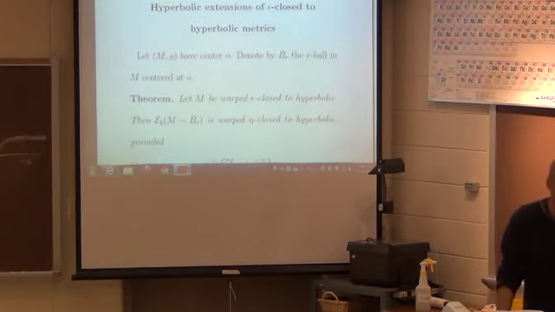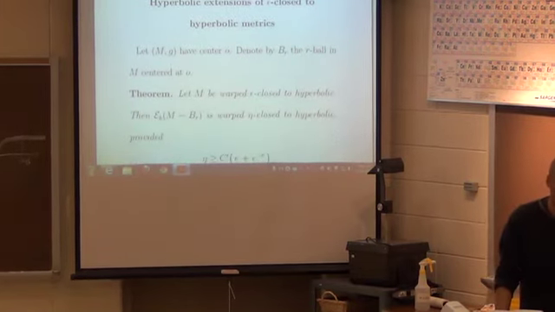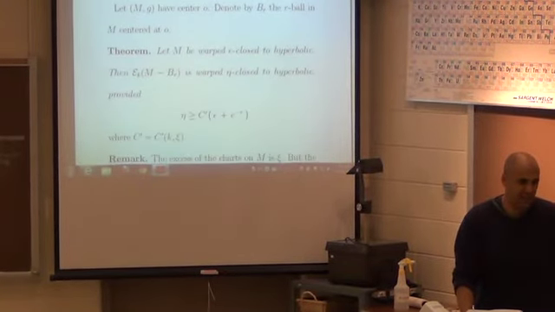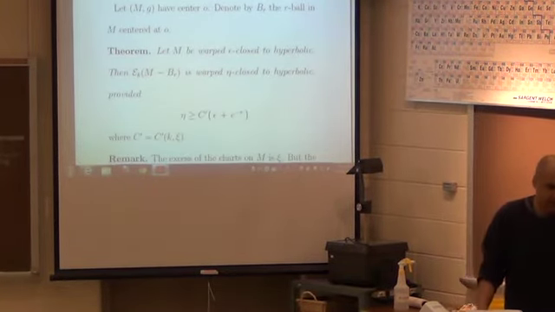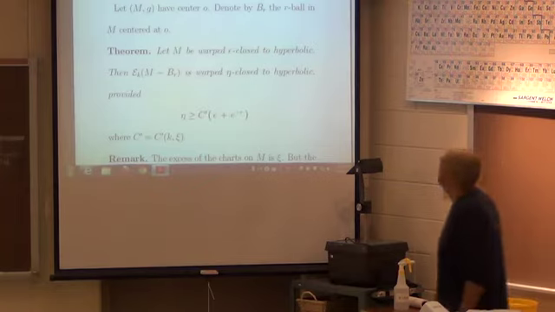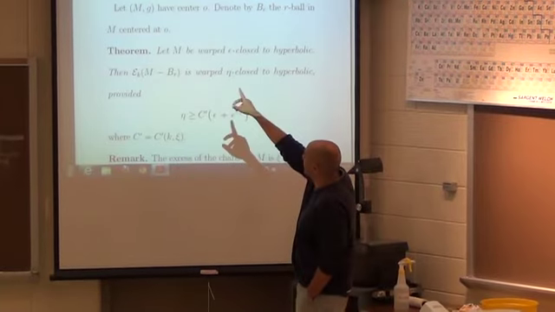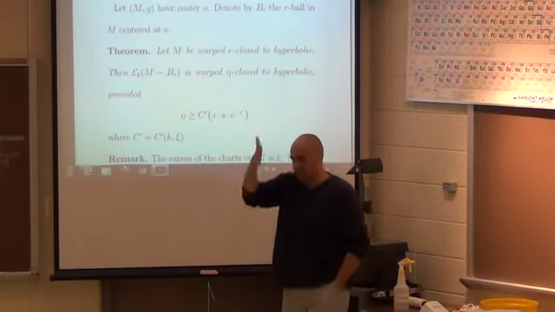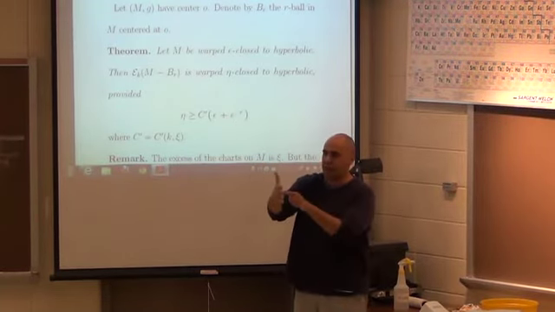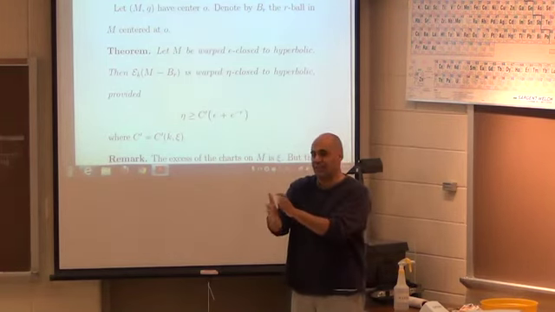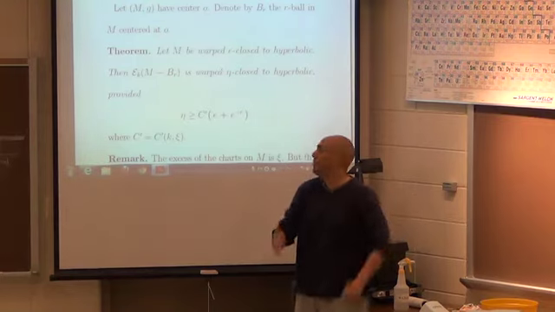It is this one. If you have a manifold that is warped epsilon hyperbolic, it has a center again, and this is what I said. You have here a manifold with a center. Suppose this one has a metric that is epsilon close to hyperbolic, and then you apply the hyperbolic extension of that.